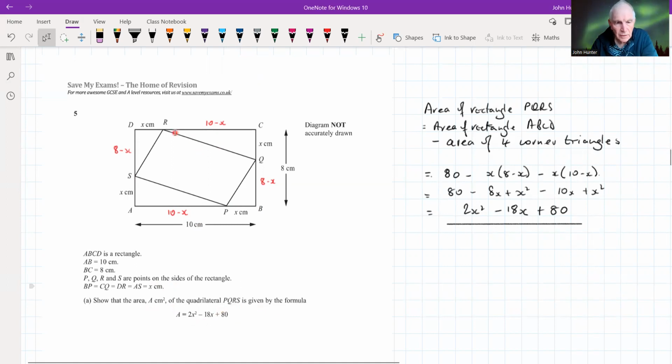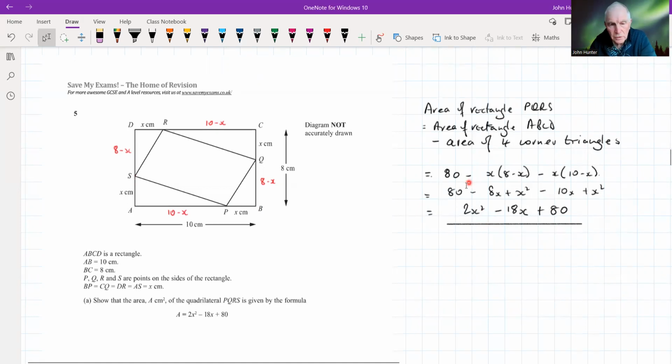Well, the area of this PQRS is going to be the total area of the big rectangle minus these four triangles. Because what we can imagine, we can glue this triangle together with this one, and that makes a sort of rectangle, and this one with this one, just makes the calculations a little bit easier.